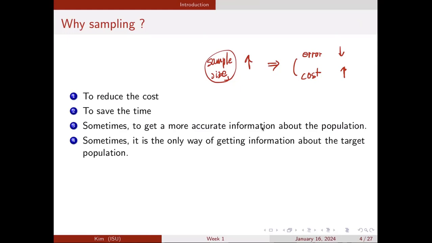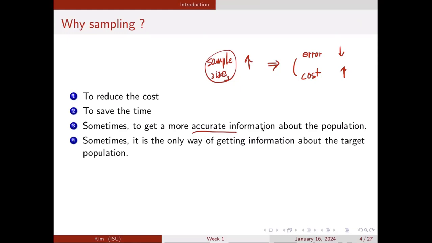That is an interesting part, because the main message here is that a well-designed sampling with well-trained interviewers gives more accurate information than a census.